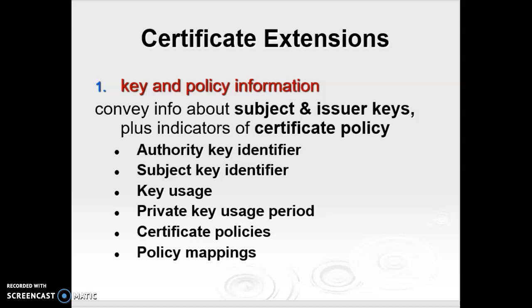Now starting with the key and policy information. Here, key and policy information is about how we are going to convey the information about the subject and the usage of those particular keys, subject and issuer keys. These extensions convey additional information about the keys plus indicators of the certificate policy. A certificate policy means what?